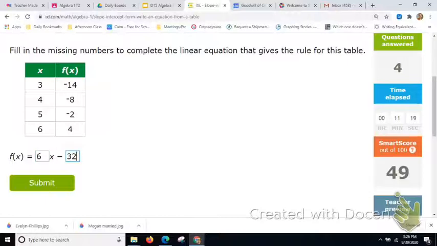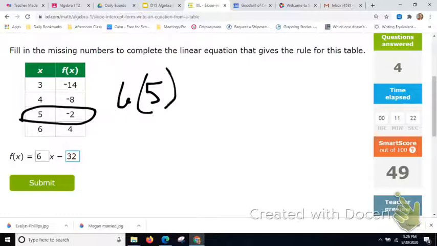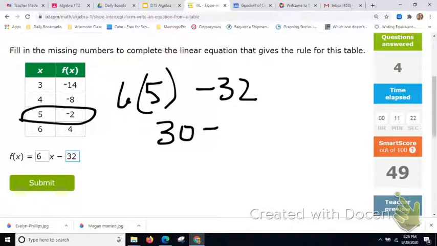So I'm going to test it on a different point. I'm going to test it on this 5, negative 2. What happens if I do 6 times 5 and then subtract 32? 30, subtract 32, I get negative 2. And ding, ding, ding, that's the answer that goes with it.